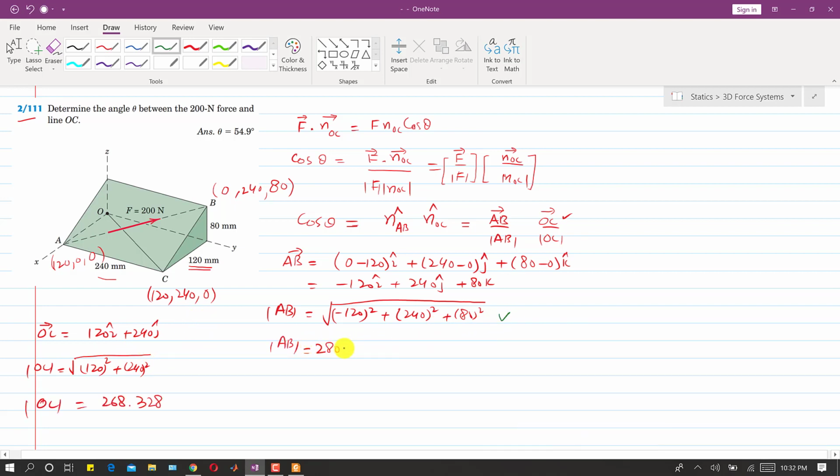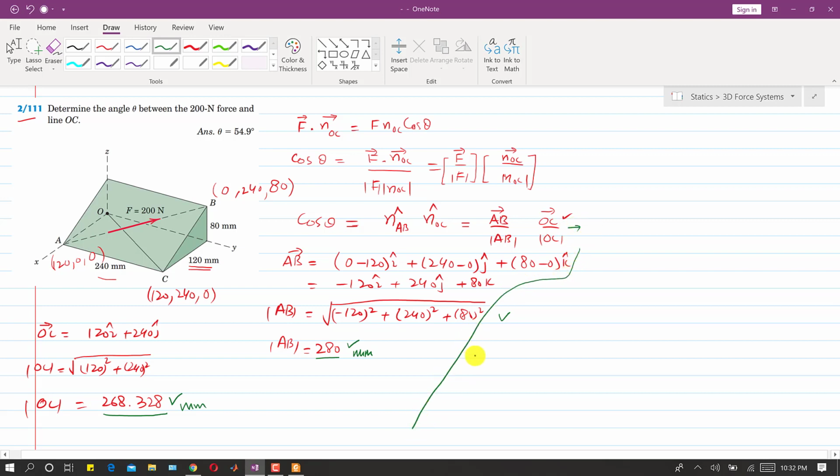When we solve this, we get the AB magnitude, which will be in millimeters, and the magnitude of OC, which will also be in millimeters. Now we will put everything in this equation.